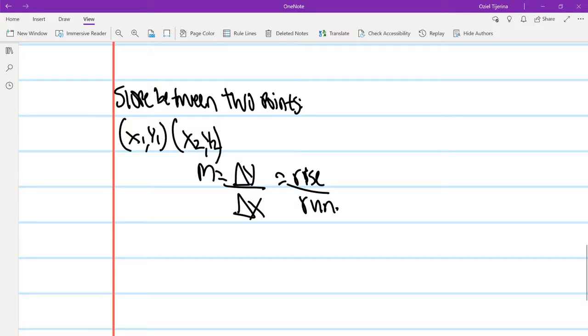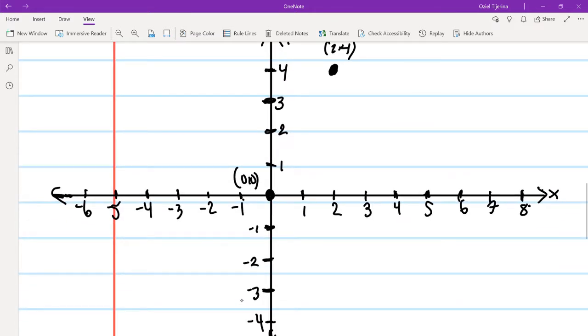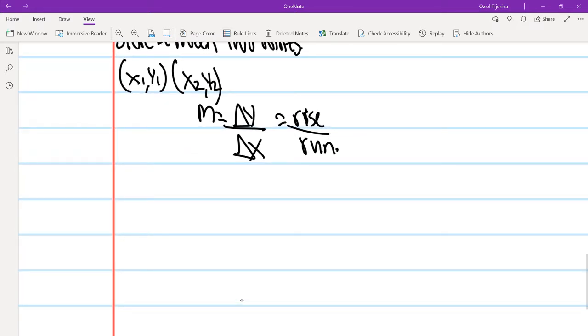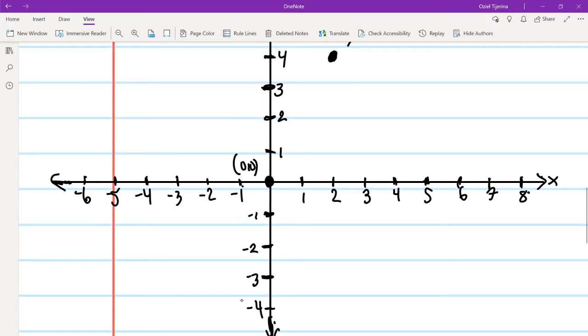One of the things you have to remember is that this is a formula. Let's say that we had a point at 0, 0 and a point at 2, 4, and we want to find the slope. What you would do is say rise over run.